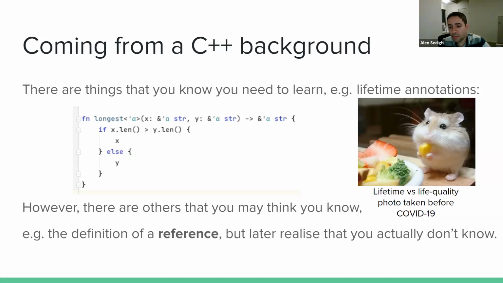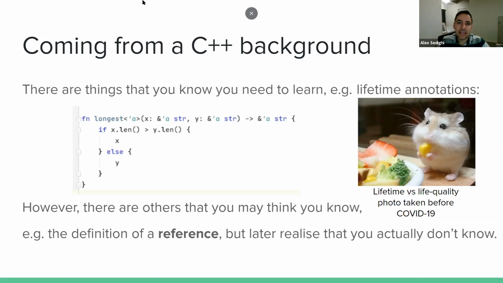That's actually good because it can streamline your learning process, but at the same time, it's got its own disadvantages. For example, there are things that when you are studying Rust, you quickly get that this is something I haven't learned about before, and I need to know.